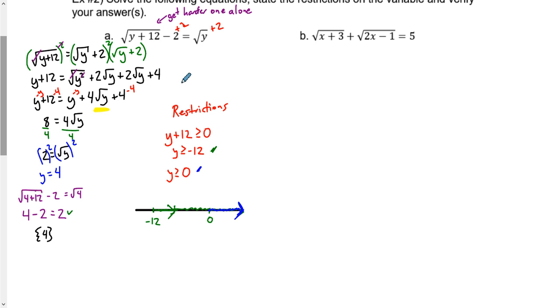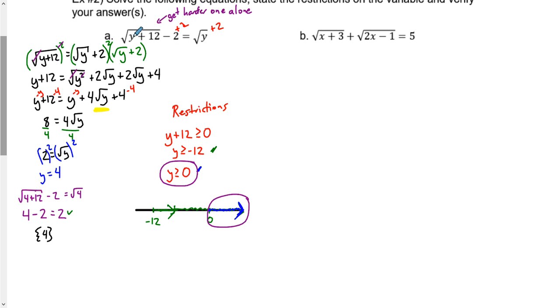Well, which one is right? The one that is correct is the one that actually has the overlap. There's no overlap of the 2 inequalities right here. This part is the only part that matters. Because if our y's have to be greater than or equal to 0, well, a number greater than or equal to negative 12 could be like negative 11.